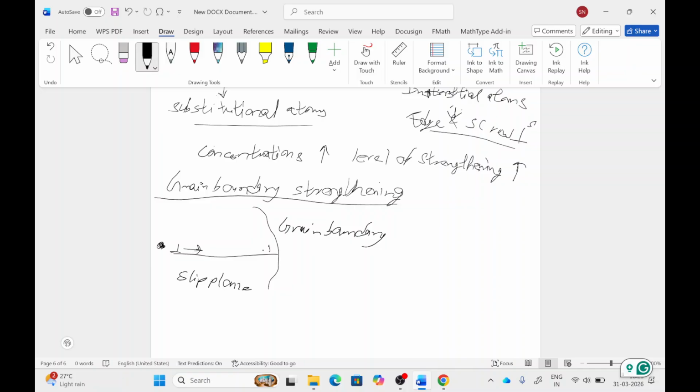As it comes to the grain boundary, we know that the atomic orientation changes from one grain to another grain. Like if atoms are arranged in this direction in one grain, and in the second grain they are arranged like this. So when the dislocation comes to the grain boundary, it faces difficulty in passing and changing its slip plane.